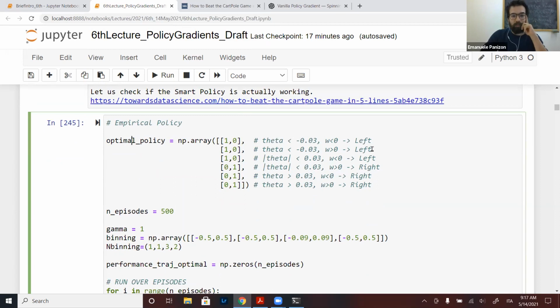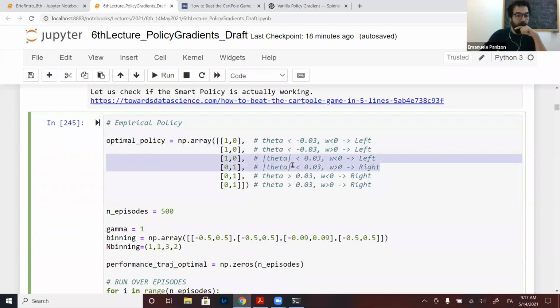So if the angle theta is negative, it's very large, so if I'm leaning too much to the left, I want to push the cart to the left to put it upright. Okay, so this means if theta is too tilted to the left, then I want also the cart to go to the left, and these are the two actions. Because I don't care about the velocity of the tip. If it's negative or positive, I don't care. I just want to stabilize the angle.